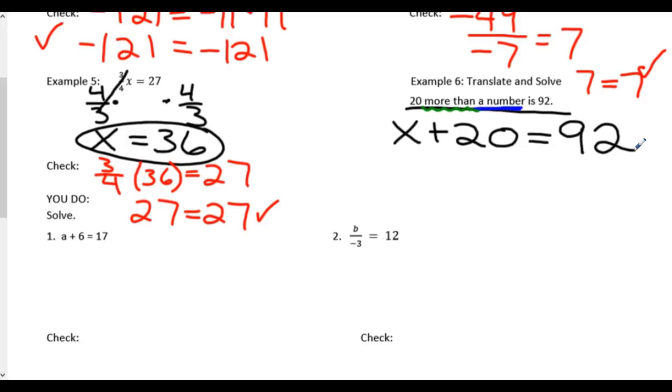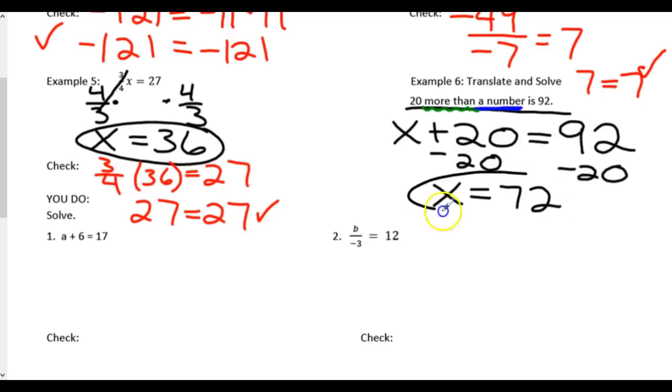So our variable is x, is what we selected for a number. It's being added by 20, so to undo, we're going to subtract 20 on both sides in order to keep the balance. 20 minus 20 goes away, so we just have our x isolated on the left side. And 92 minus 20 leaves us with 72 as our answer.